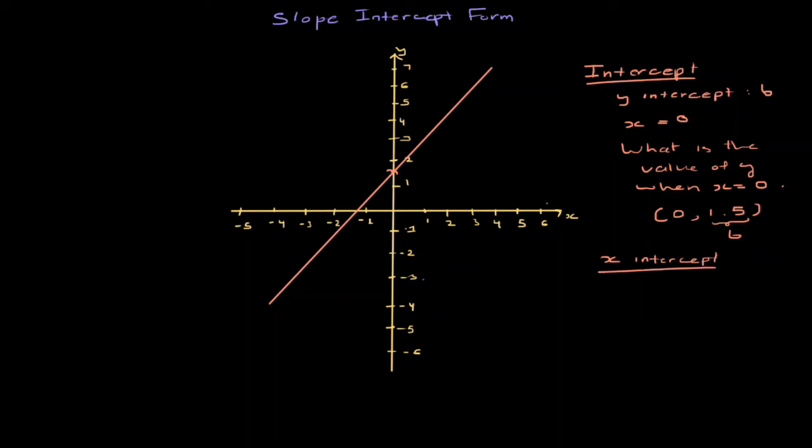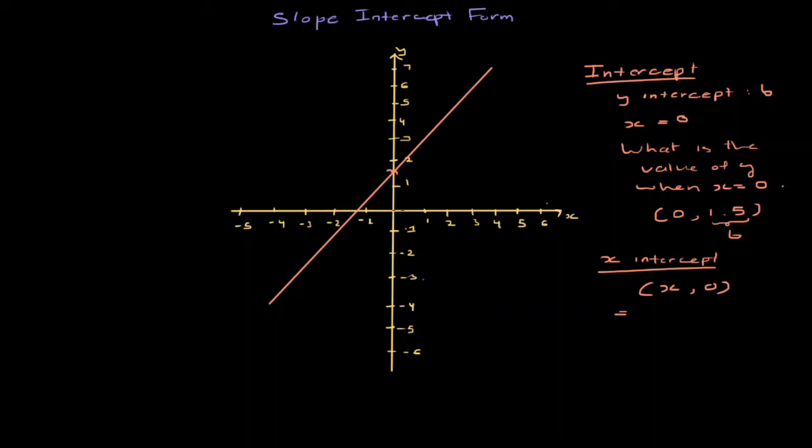It's the exact opposite for the x-intercept. The x-intercept usually doesn't get a fancy letter, and it is the value of x when y is equal to 0.